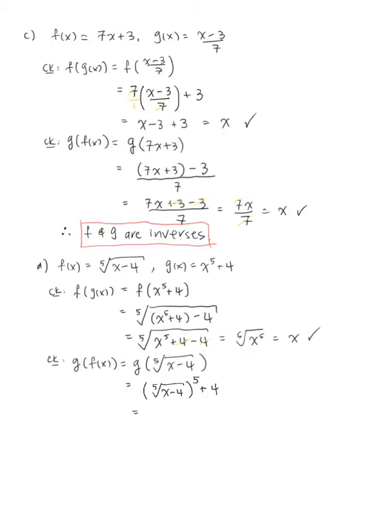Now, the fifth root and fifth power sort of cancel each other out. So what we're left with is x minus 4 and then plus 4, which gives us x. So again, we can conclude that f and g are inverses of each other. All right, and here's our answer.